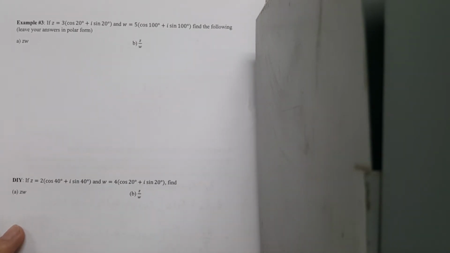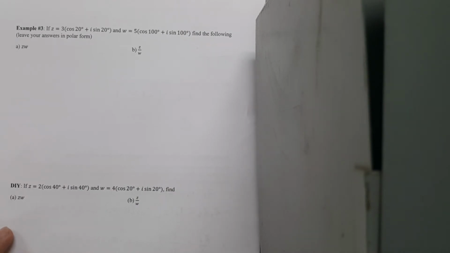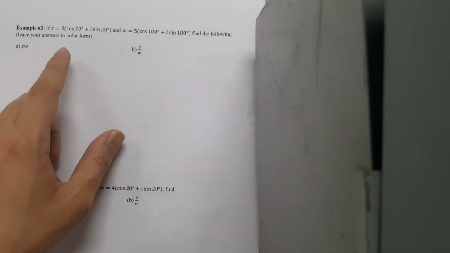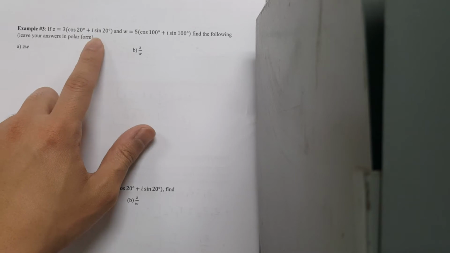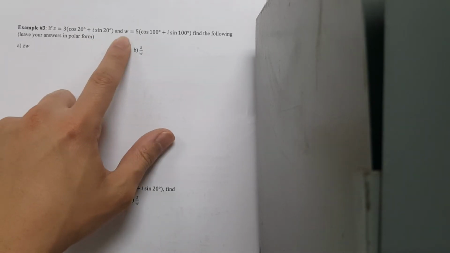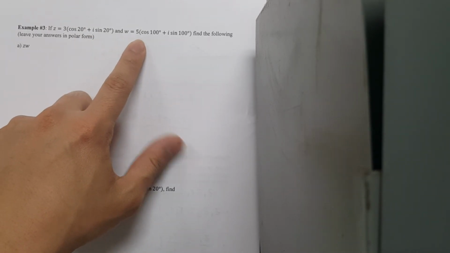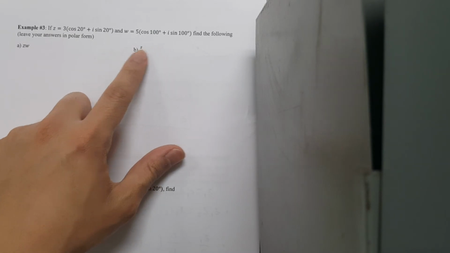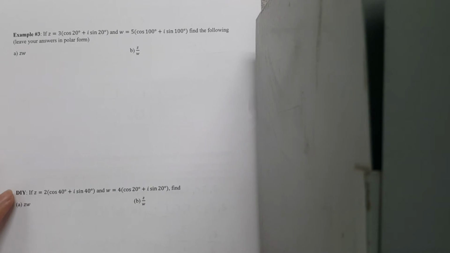So here I have two complex numbers. z is equal to 3 times cosine 20 plus I sine 20. And I have w is equal to 5 cosine 100 plus I sine 100. And I want to multiply them and I want to divide them. So let's multiply them.